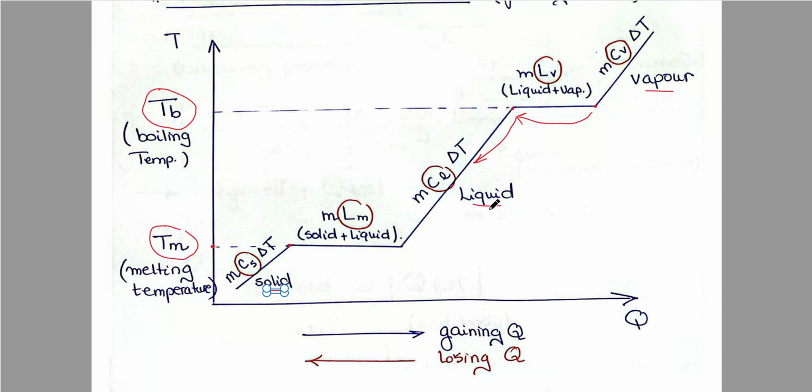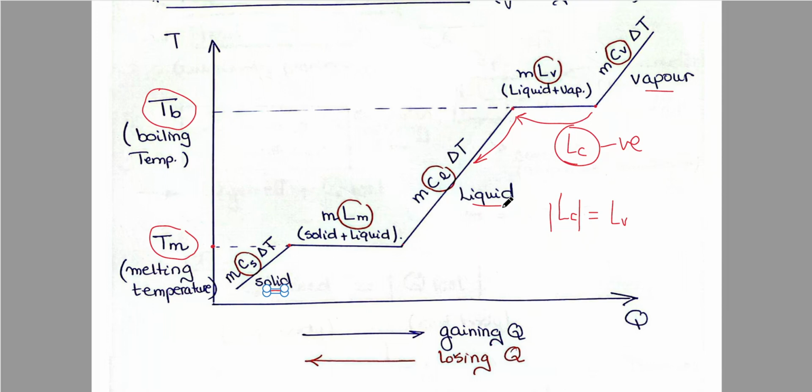Vapor, when changing to liquid, this process is called condensation. Latent heat of condensation is negative, but the amount is the same as latent heat of vaporization. So we can say that latent heat of condensation as an absolute value equals the latent heat of vaporization. That's why in the problems you may use latent heat of vaporization when you are changing from vapor to liquid.